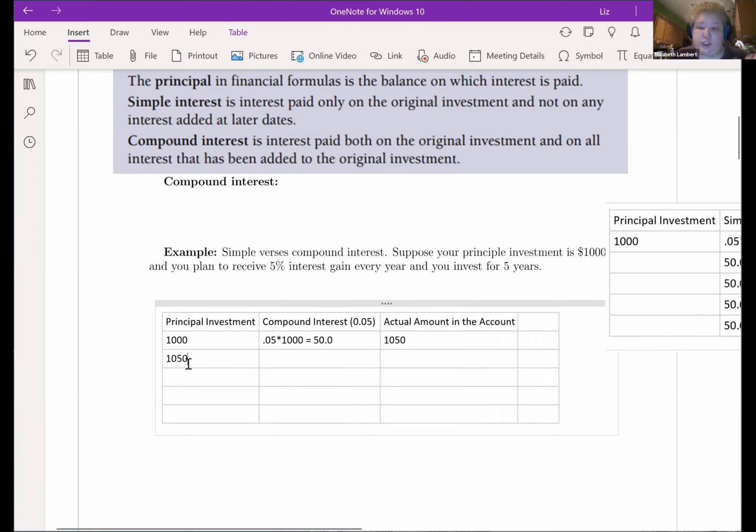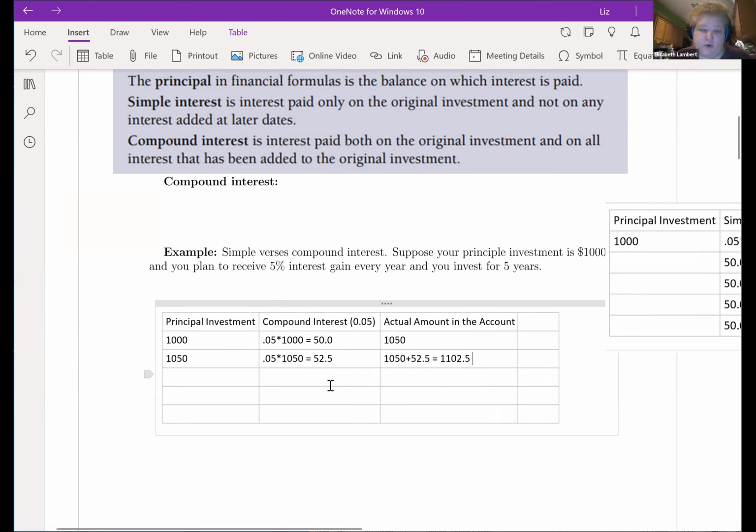Now we're starting the year with $1,050, and we are going to calculate 5% of that. We get 52.5, and now we are going to take the amount we had and add 52.5 to it.